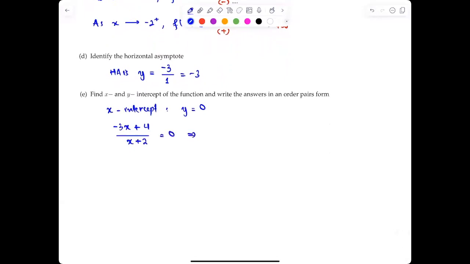Again, in this case, you already exclude -2 from the function, so you just need to set -3x plus 4 equal to 0 and solve for x that way. So this gives you 4/3. So the x-intercept is 4/3.